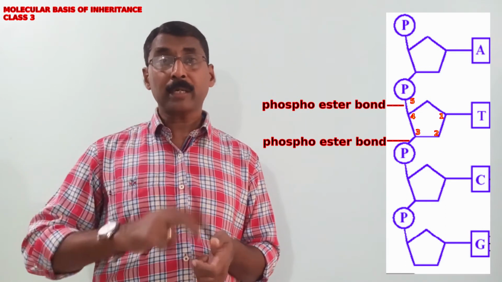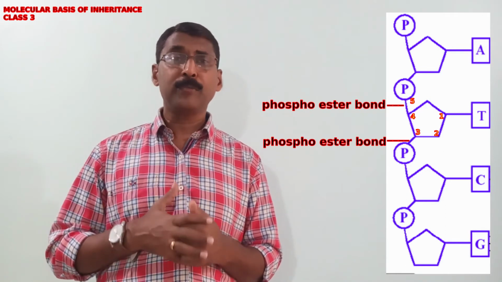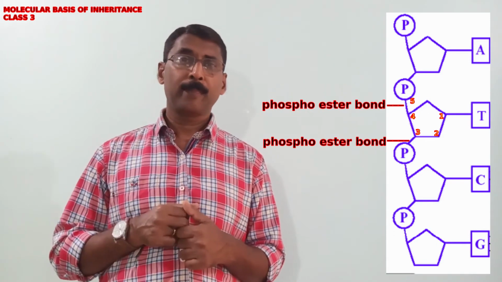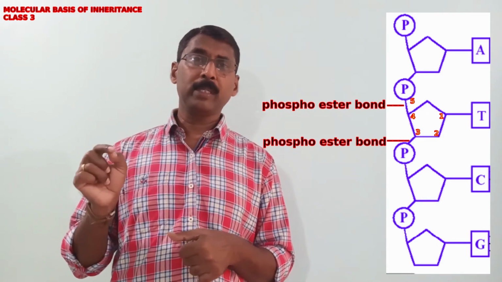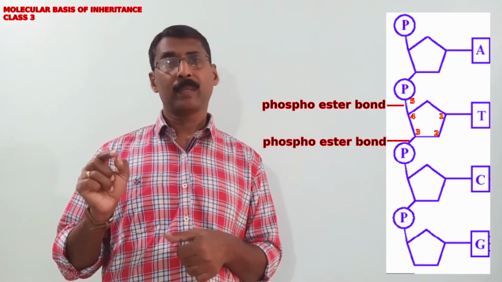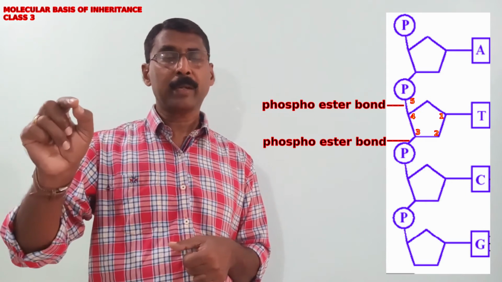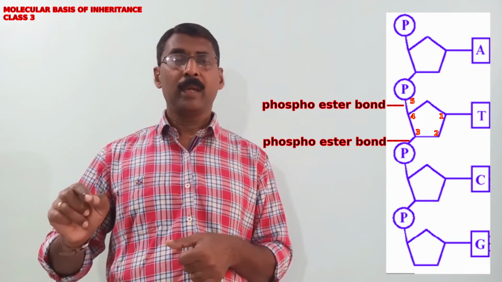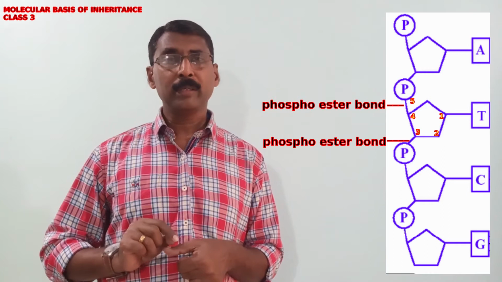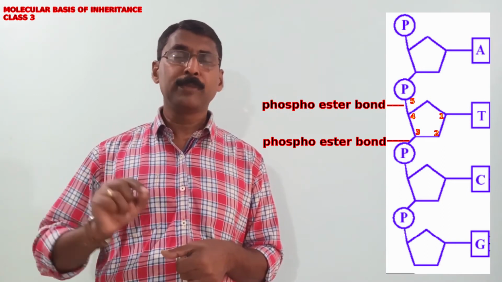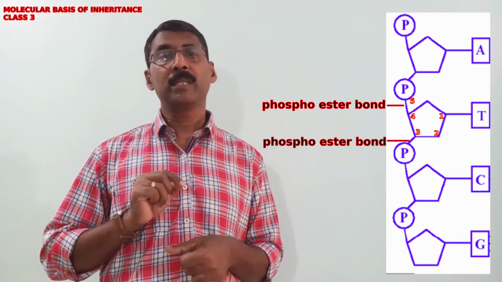But two nucleotides are connected together by means of a phosphodiester bond, that is, a phosphoester bond between the phosphate group located on the third carbon atom of one nucleotide and another phosphoester bond established between the phosphate group and the fifth carbon atom of the preceding nucleotide.